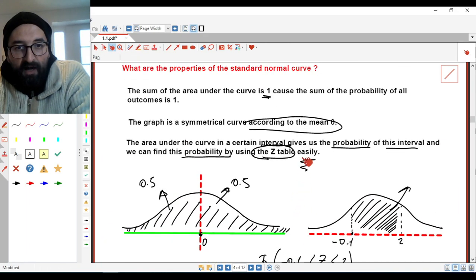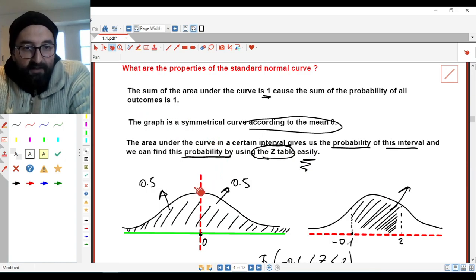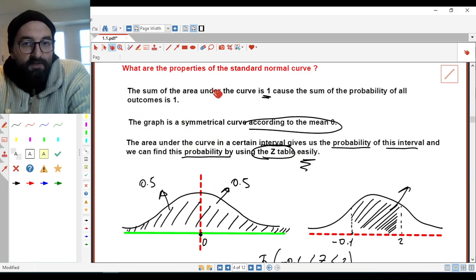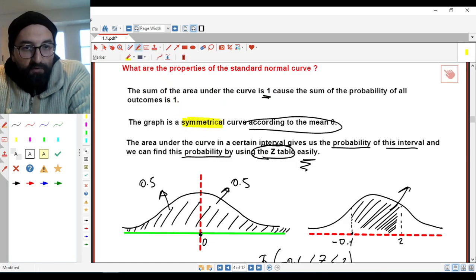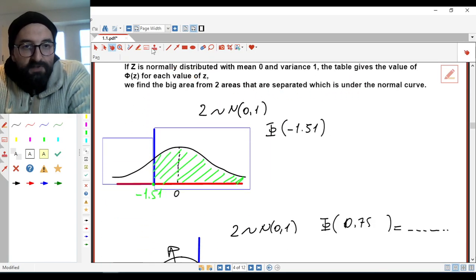Firstly, I want to say that this standard normal curve is a symmetrical curve, symmetrical about zero.